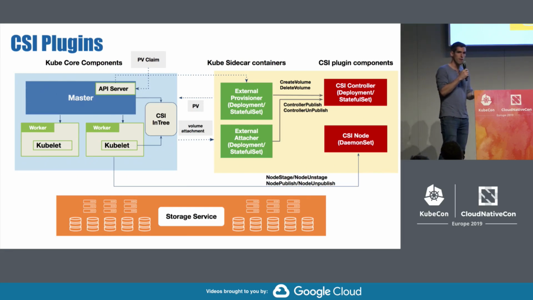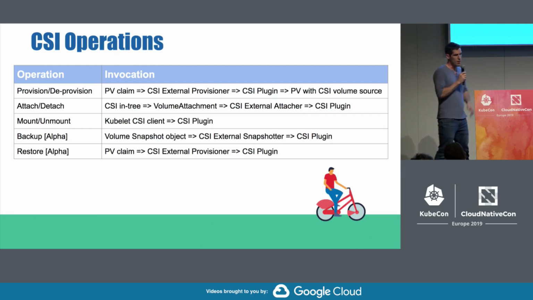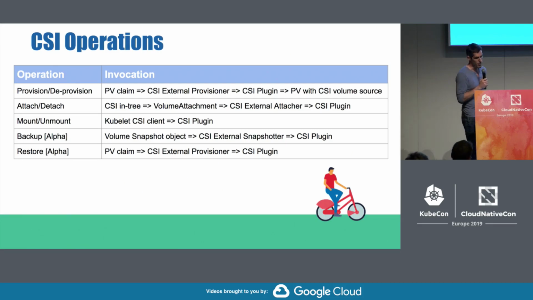So provisioning volumes, creating them, then attaching them to the worker nodes, and then mounting them on the pods that actually need them. And there are two more operations in alpha state right now, for backing up running CSI disks and for restoring that backup. But that's really just alpha support for now.